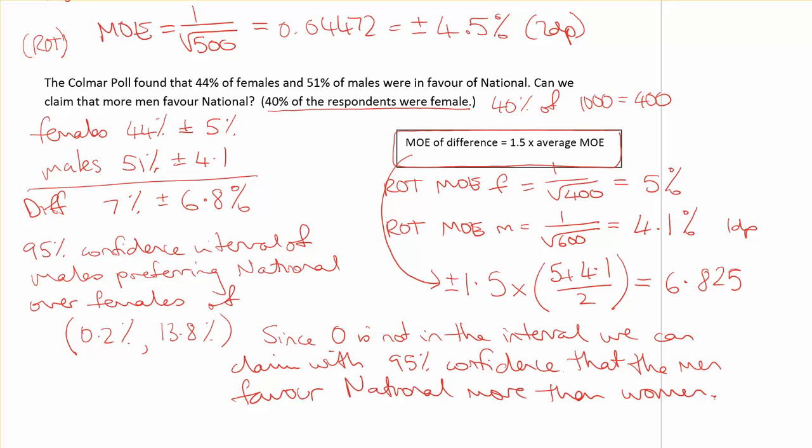So the men favour National over women by as much as 13.8% bigger percentage, or the percentage bigger might only be a gap of actually 0.2% more than a female does.